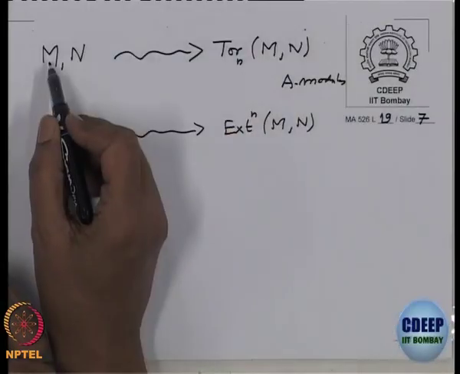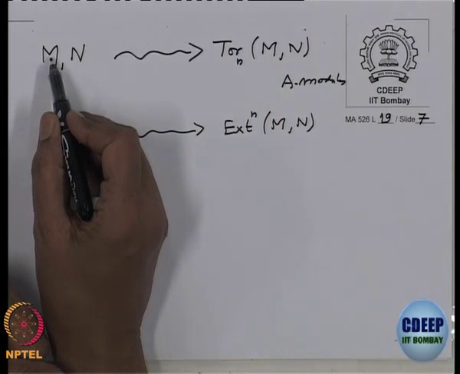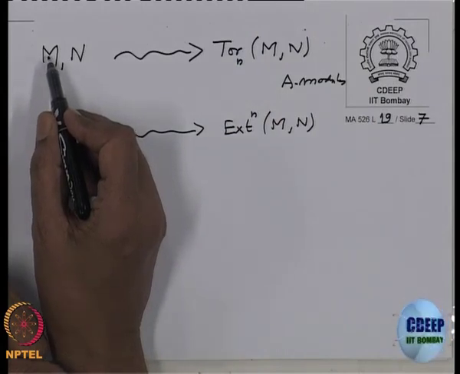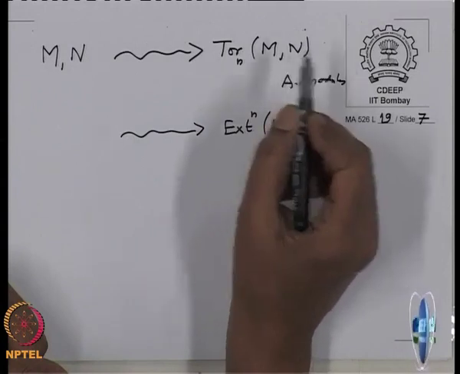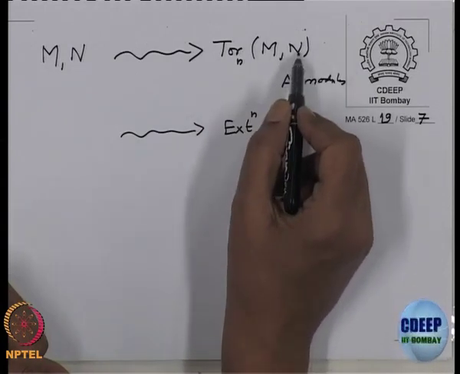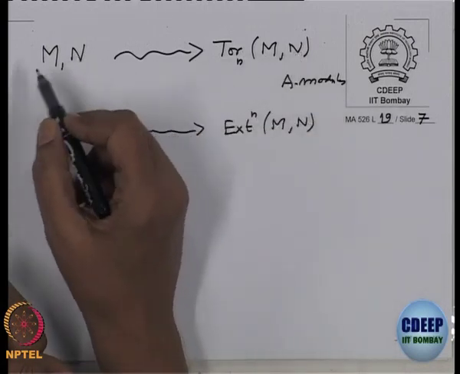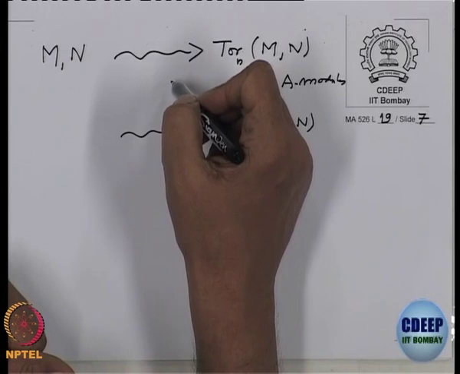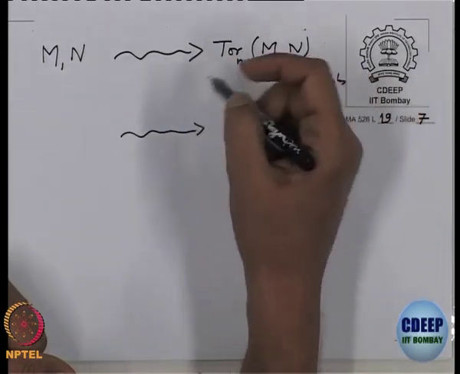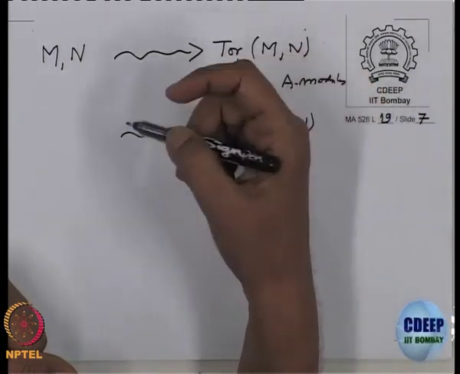So, one more thing. Here remember we have taken the projective resolution for M and tensored with N and took the homologies. But one could also do this by taking a projective resolution of N and tensoring with M, but these two results will be the same because the tensor product is commutative.